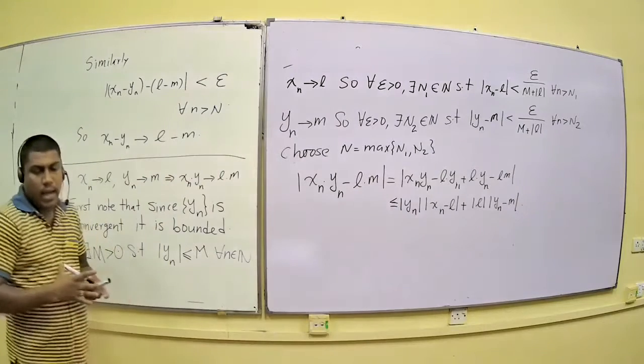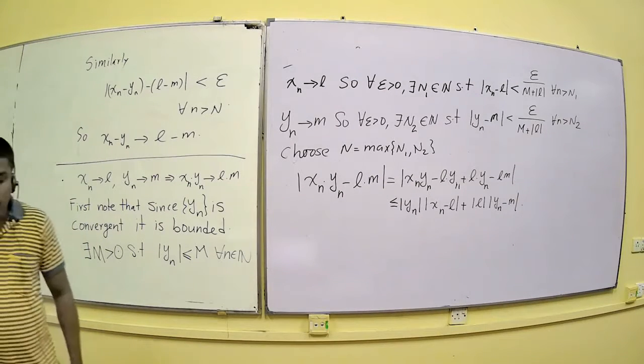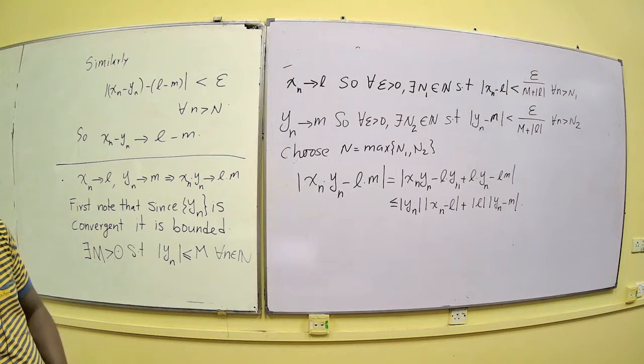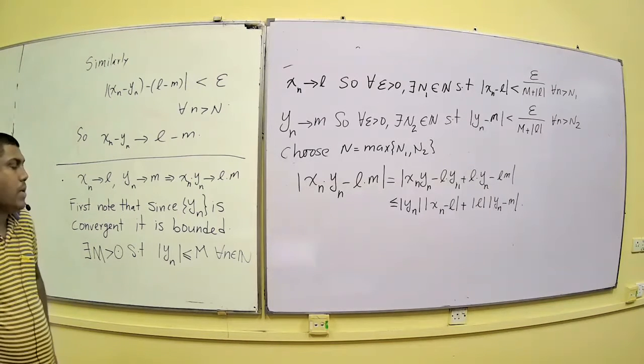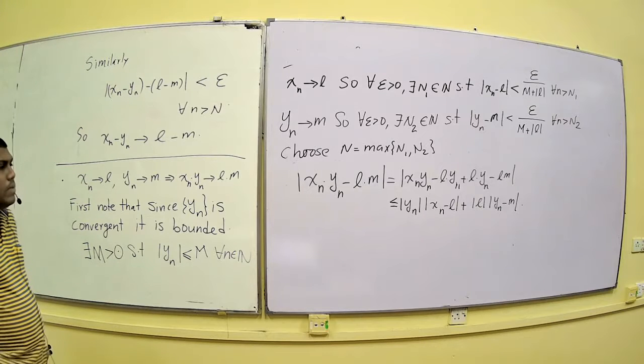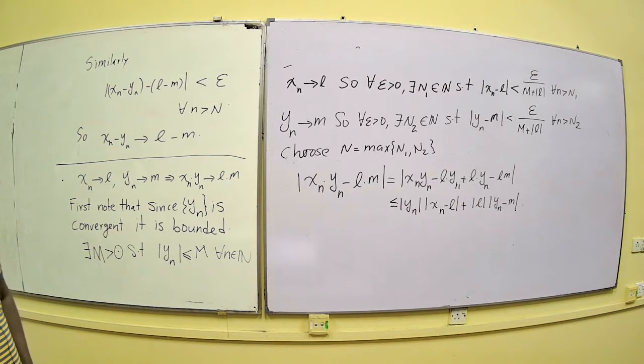If you apply the triangle inequality and other properties of absolute value, you get the absolute value of yn times the absolute value of xn minus L, plus the absolute value of L times the absolute value of yn minus M.